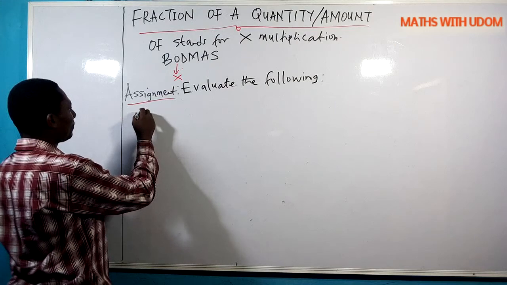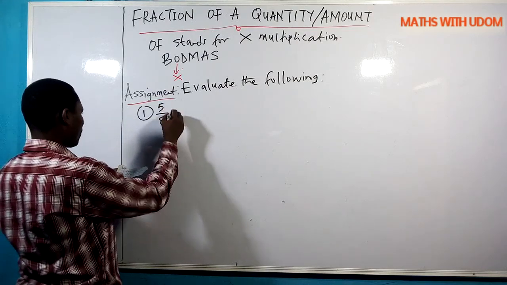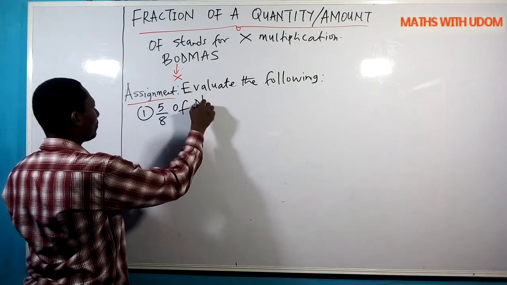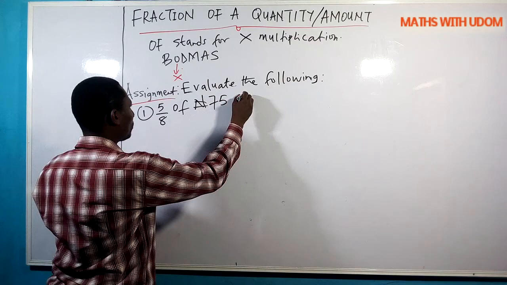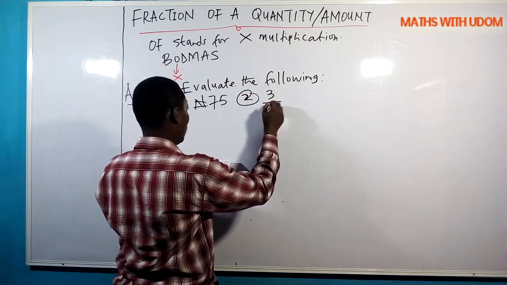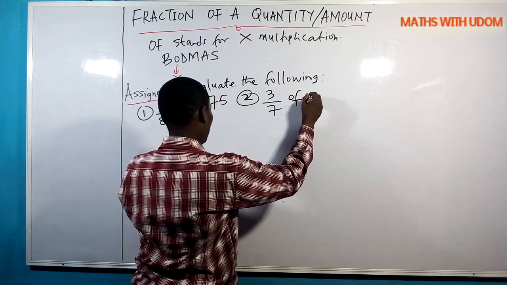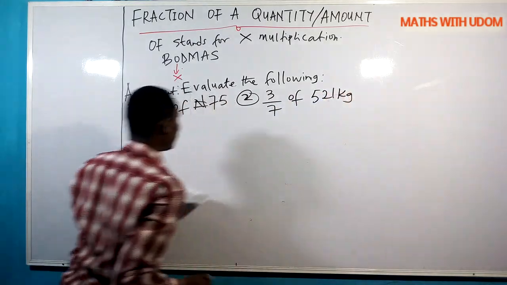Number 1, what do we have? 5 over 8 of 75 naira. Number 2, we have 3 over 7 of 521 kilogram.